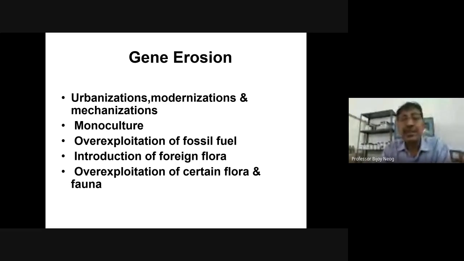Similarly, overexploitation of fossil fuel is another major concern for us. This area is also among those areas where fossil fuel is present. These are exploited by drilling and other methods, and along with the drilling area, a vast area goes under.